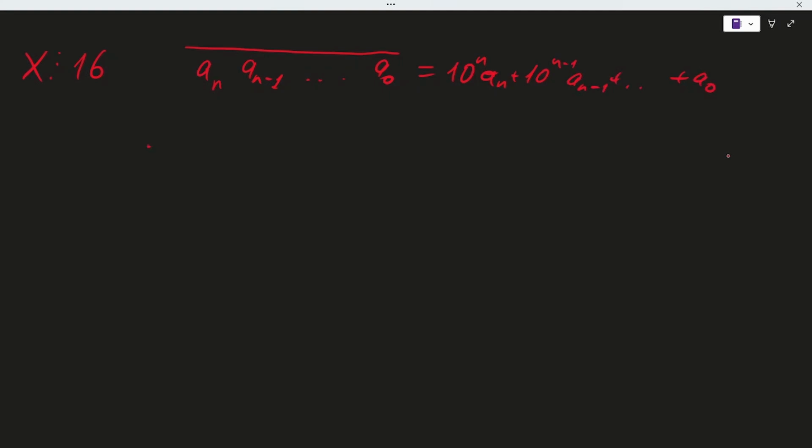We can easily see that any power of 10 from the 4th power on is divisible by 16 because 10 to the power of 4 can be represented as 2 to the power of 4 times 5 to the power of 4.